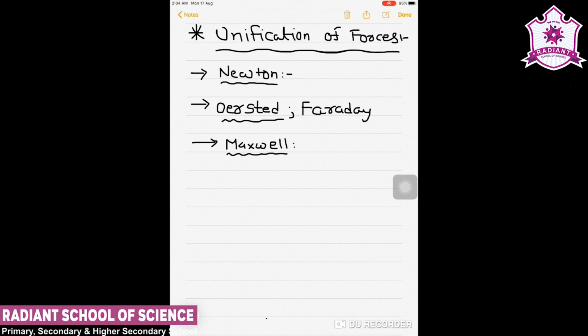Einstein also attempted to unify gravity and electromagnetism, but could not succeed in this venture. So these are some of the scientists who tried to get different unification work.